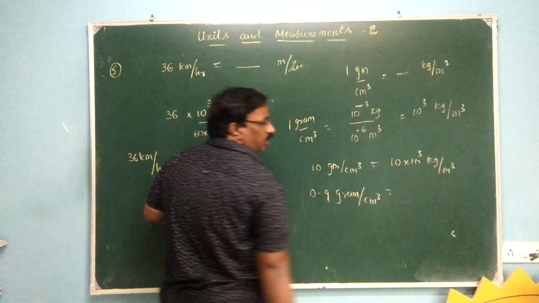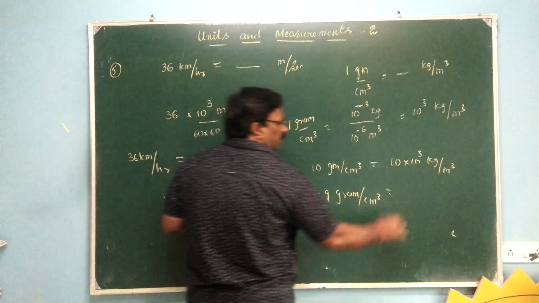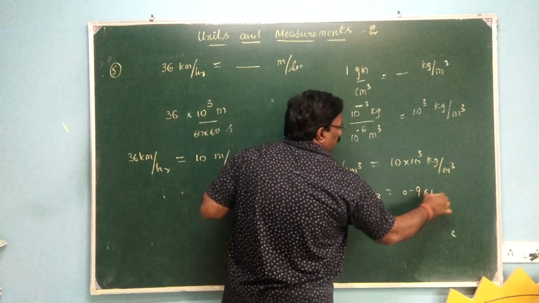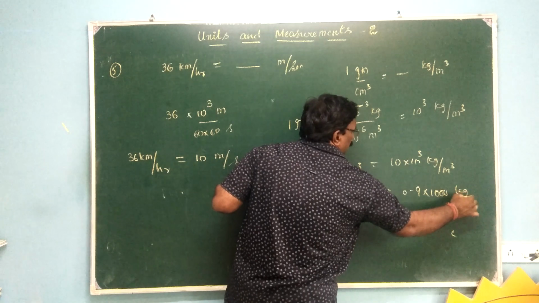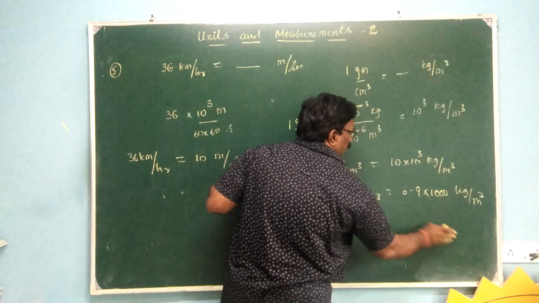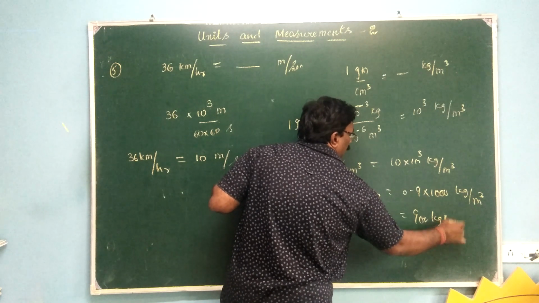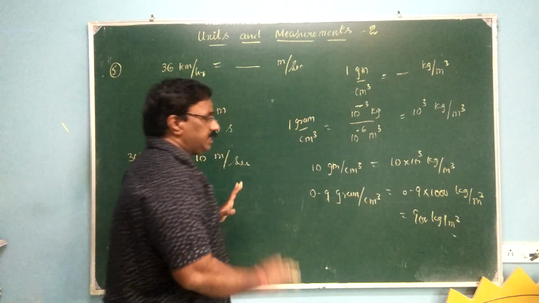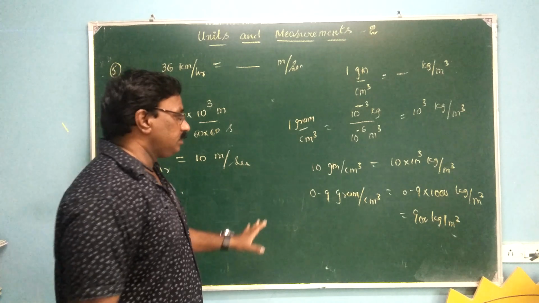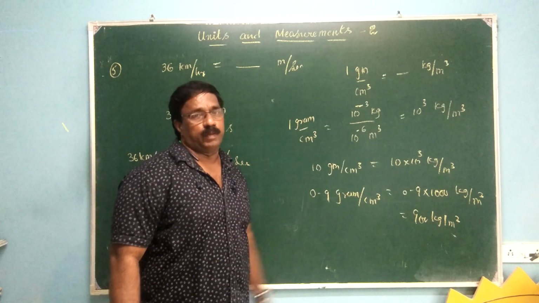You want to convert into kilogram per meter cube. With what you have to multiply? 1000. 0.9 into 1000 kilogram per meter cube. It becomes 900 kilogram per meter cube. This is the way to convert. Understood? Gram per centimeter cube to kilogram per meter cube.